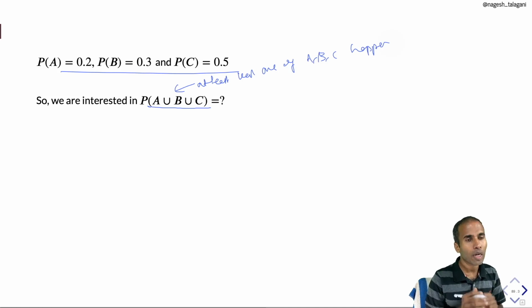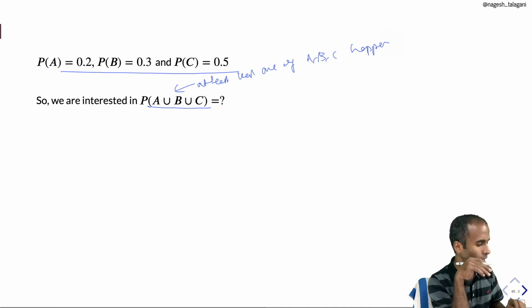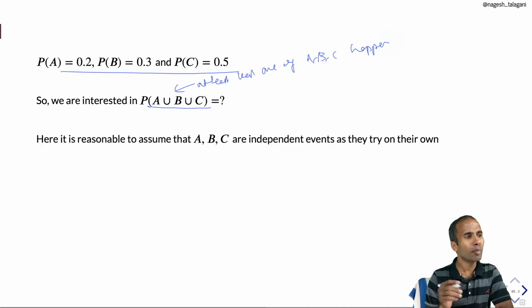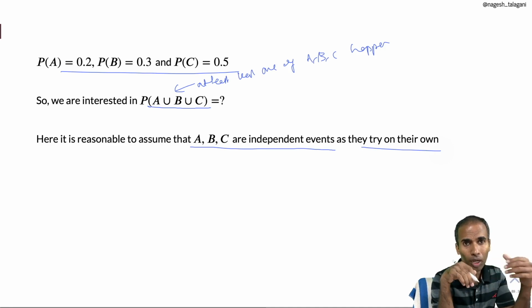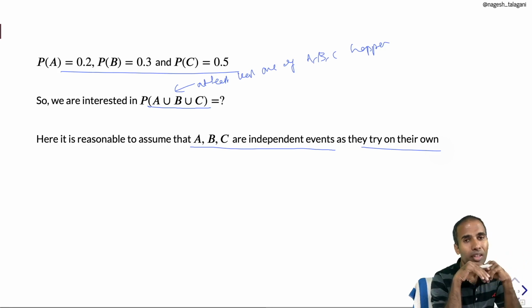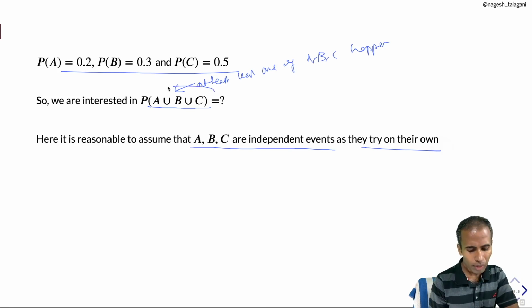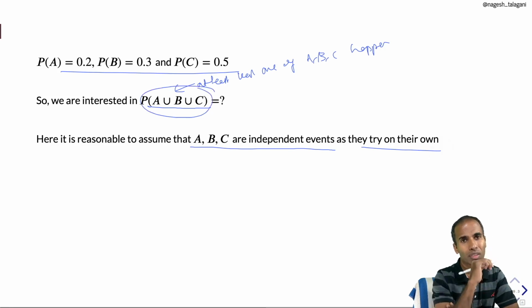Now, here it is very reasonable to assume that A, B, C are independent events as they are trying on their own. That means if one solves the problem, it will not affect the chances of the other solving the problem. So we can assume that A, B, C are independent, so that we can use the above theorem to compute this probability. We don't have to go for the inclusion-exclusion principle.